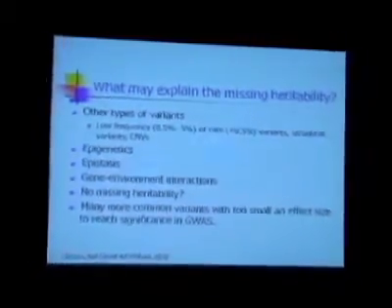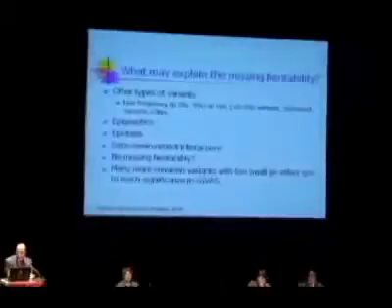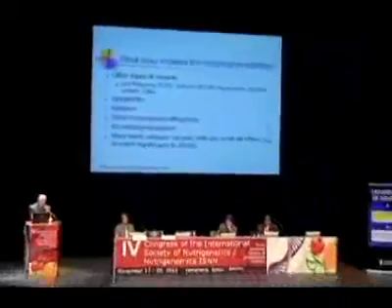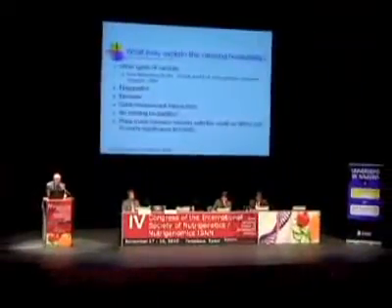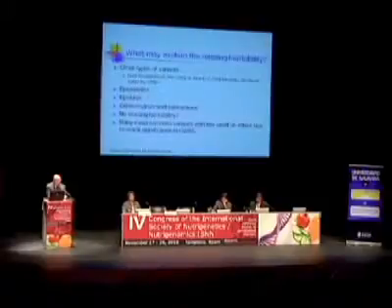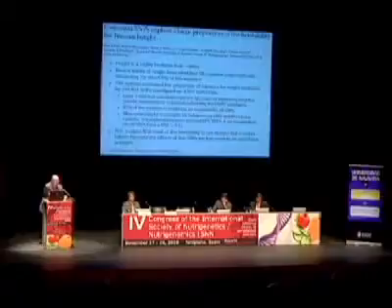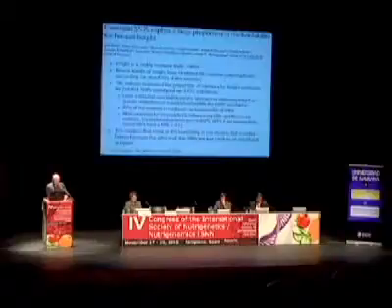Or another very likely explanation is that there are many more common variants with too small an effect size to reach significance in Genome-Wide Association studies. And just to illustrate that last point, I would like to show you the results of a recent study in which they looked at common SNPs that could explain a very large proportion of the heritability of human height.